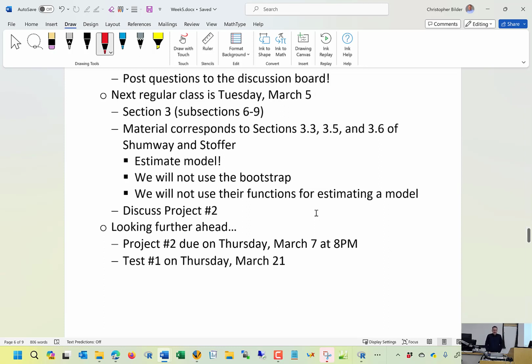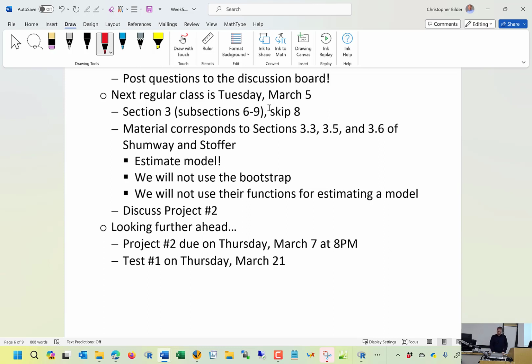It's subsections 6 through 9, but skip 8. This corresponds to, in our book, these particular sections. So if you're reading the book at the same time as you're going through this course, that's what you should read. And finally, we're going to get to the point where we can estimate one of these models.